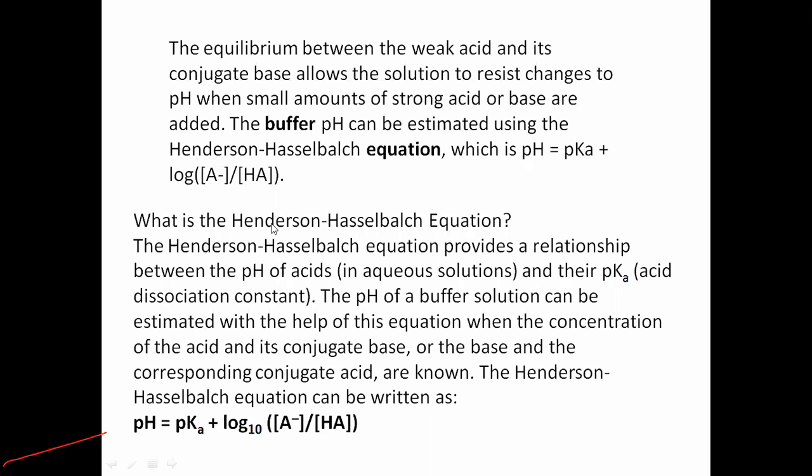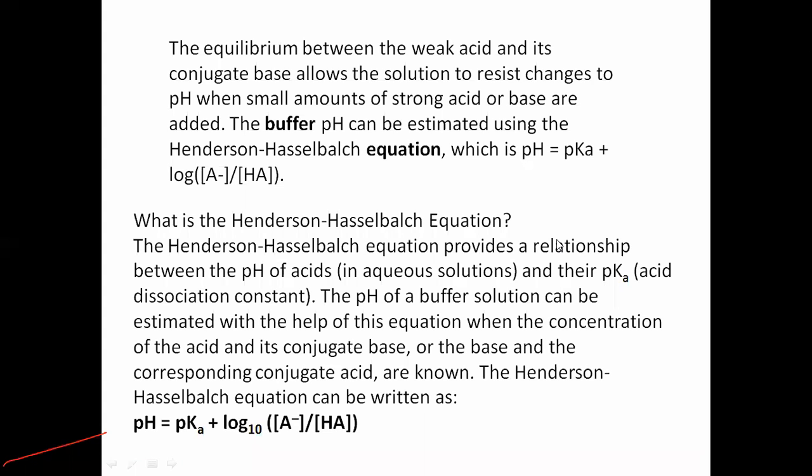Henderson-Hasselbalch equation. Now, what is this equation actually? The Henderson-Hasselbalch equation provides a relationship between the pH of the acid in the aqueous media and its pKa. What is pKa? pKa is the value of the dissociation constant of that acid.